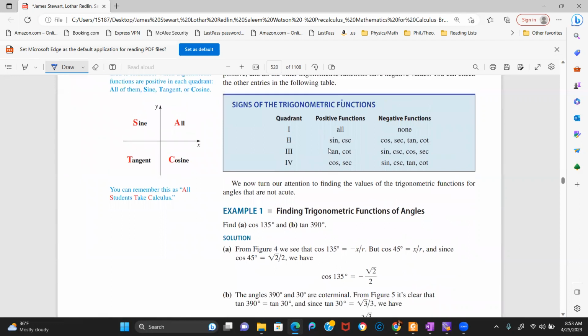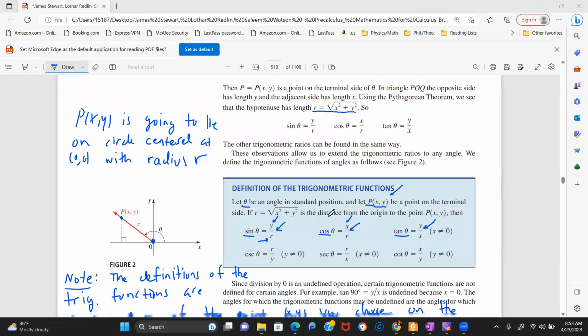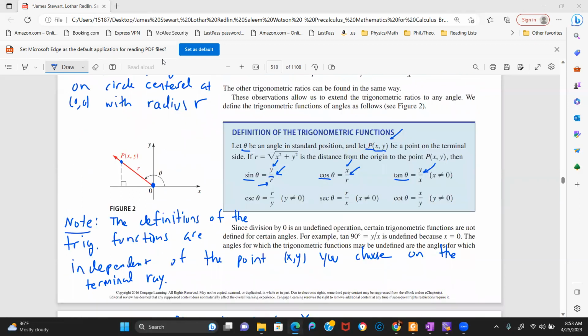And for the second quadrant, it just says the sine and the cosecant are positive. So why is that? When you're in the second quadrant, again, r is always positive. So it's the y coordinate that can determine whether you're positive or negative.